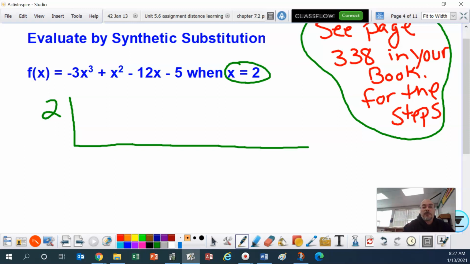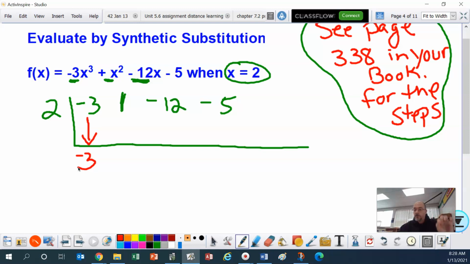So I've got a -3 on the x cubed. In front of the x squared is a 1, so I put a 1. Then I'm going to put -12. Then I'm going to put the -5. Now, we're going to bring down that first number, -3.